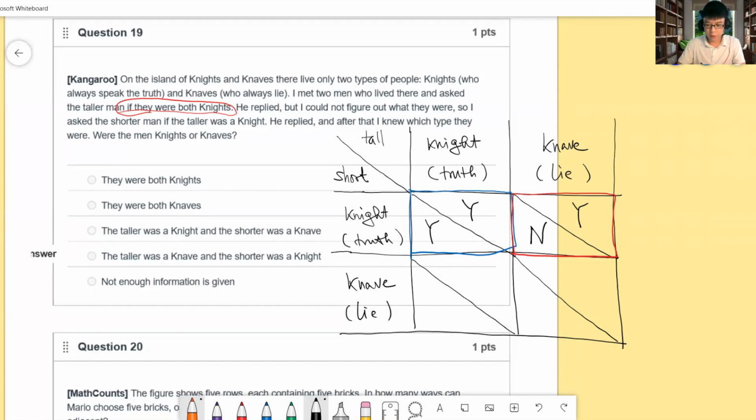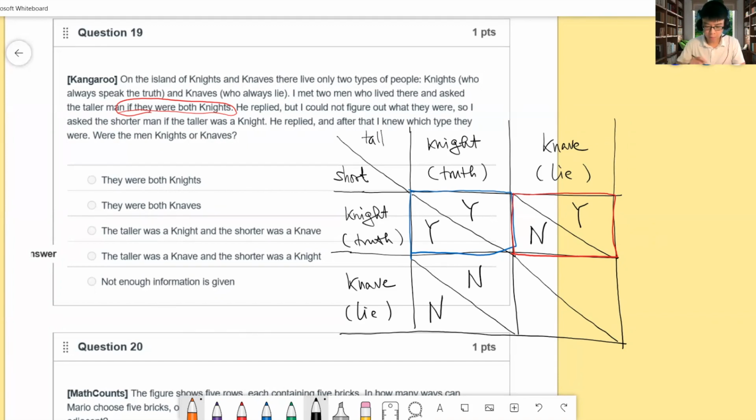Now the third case, the taller one is a knight and the shorter one is a knave. For the first question, the taller one is a knight. He or she tells the truth. That is no, because the shorter one is a knave. Now for the second question, is the taller one a knight? The true fact is yes, but because the shorter one is a knave, he tells a lie, so he answers no. Lastly, for the last case, both are knaves, both tell lies.